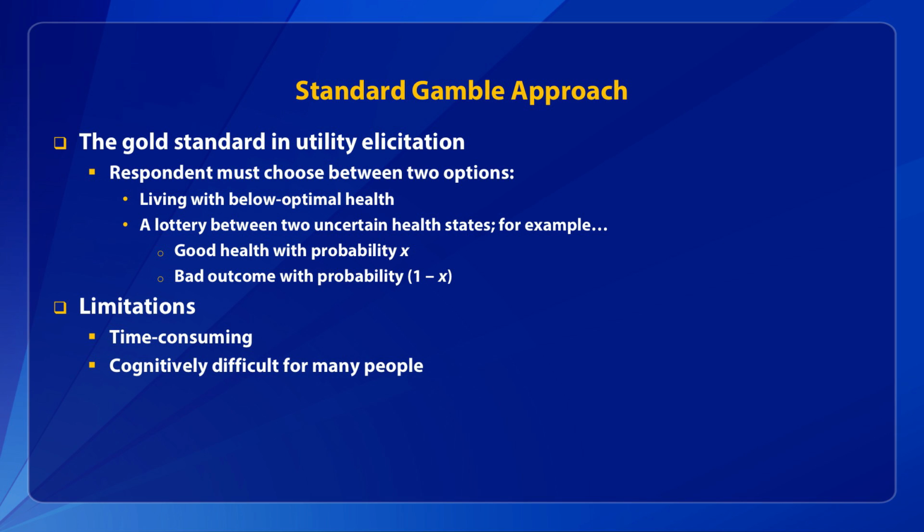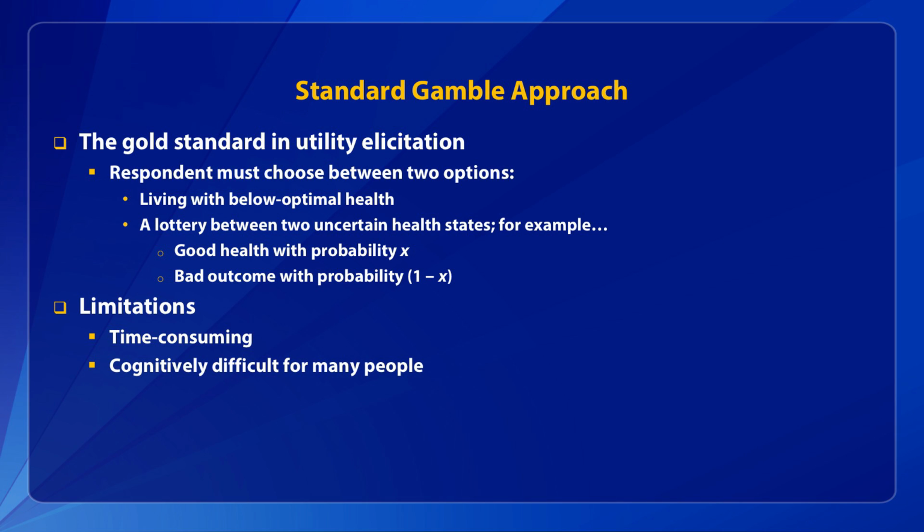In this setup, the respondent is asked something like this. Imagine you have a body mass index above 35 with no other adverse health outcomes. Now, suppose there's a surgery available to you that would reduce your body mass index to a perfect level, thus giving you perfect health. However, there's a probability of death associated with the surgery.